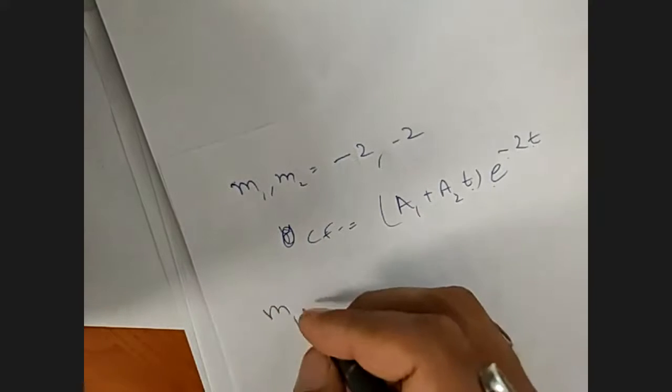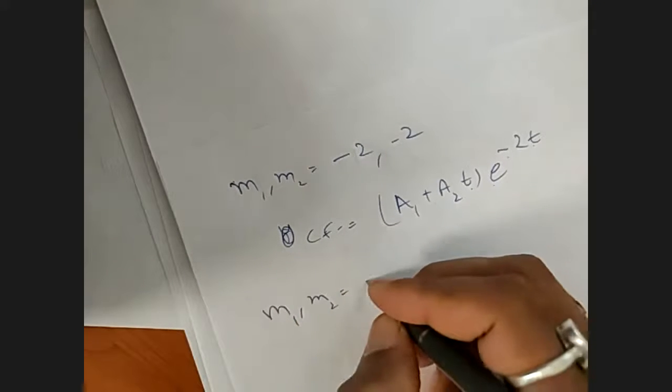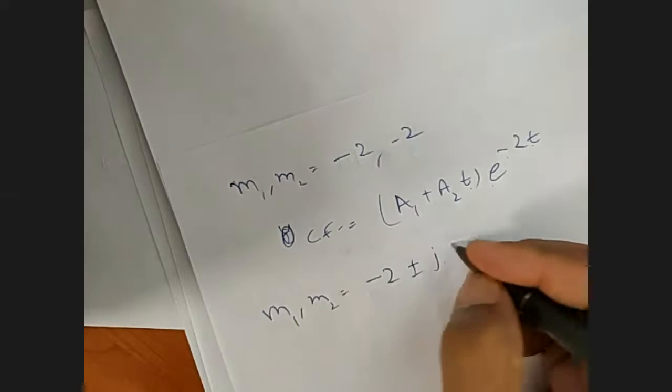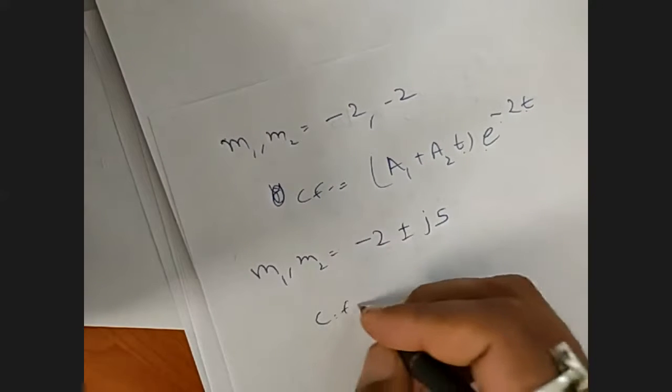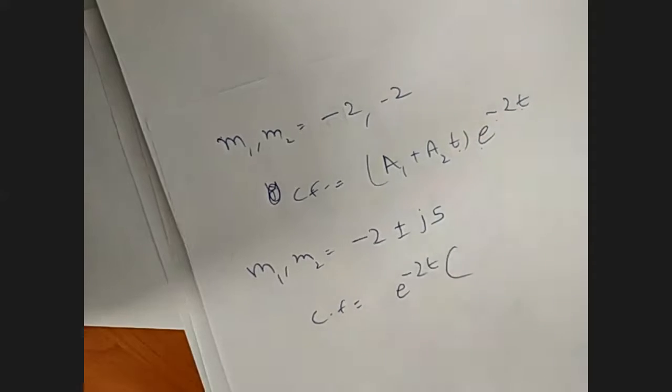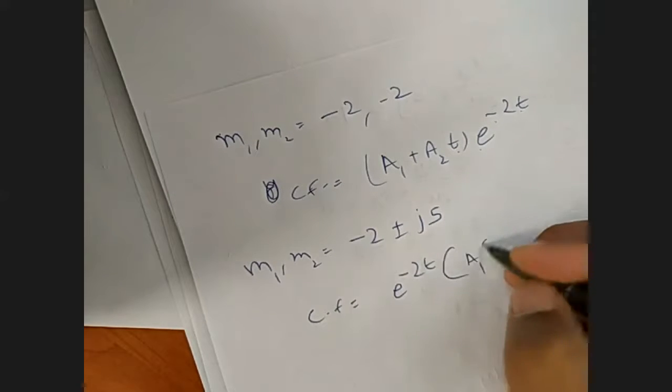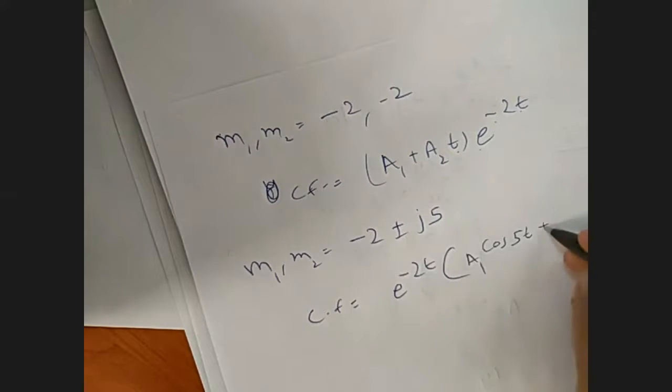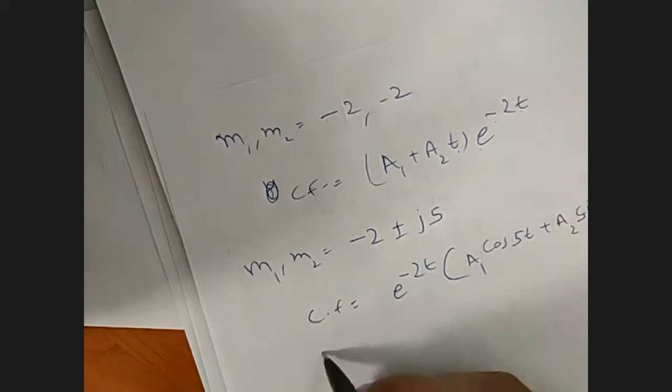If you get complex roots, then your complementary function will be e raised to power minus 2t (a1 cos 5t plus a2 sin 5t).